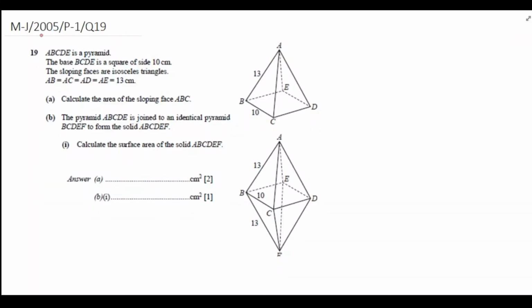Next question is May-June 2005, paper 1, question number 19. ABCDE is a pyramid as shown in the figure. The base BCDE is a square of side 10 cm as shown.